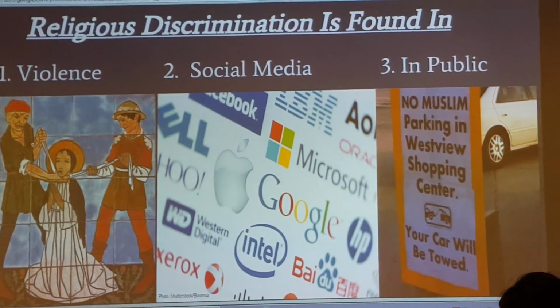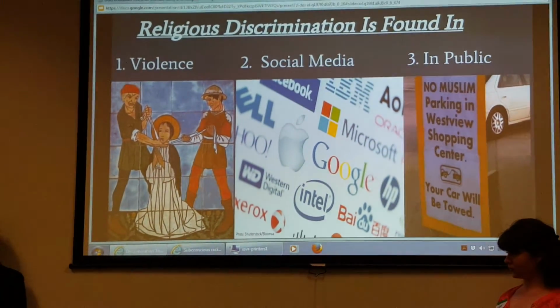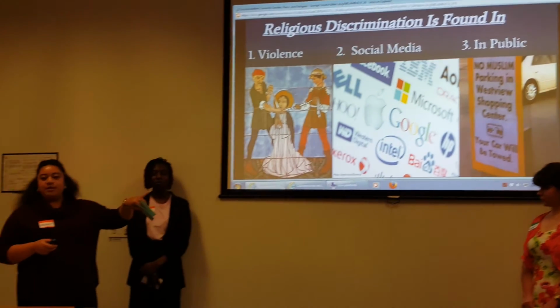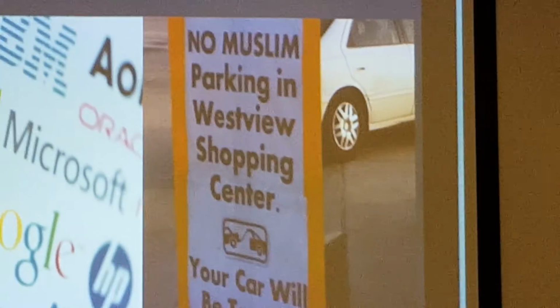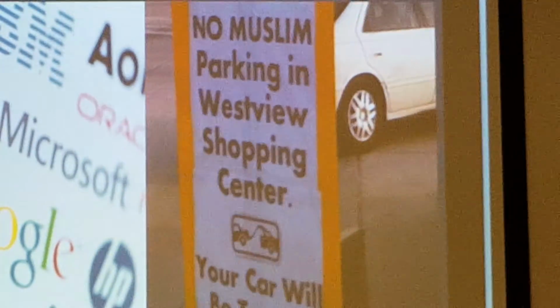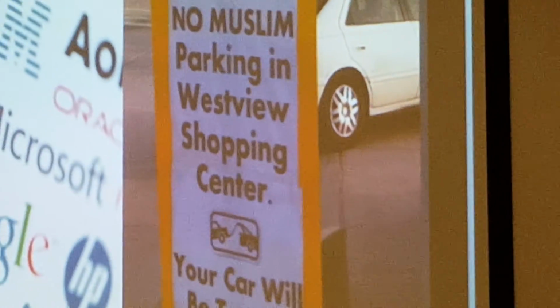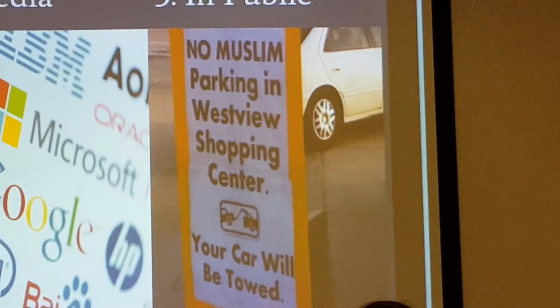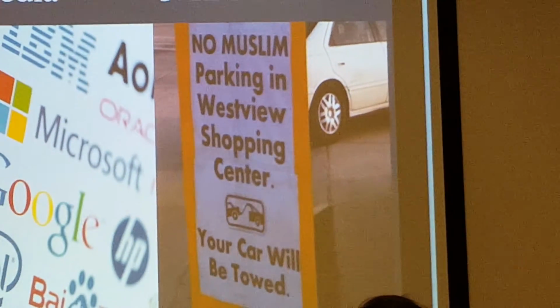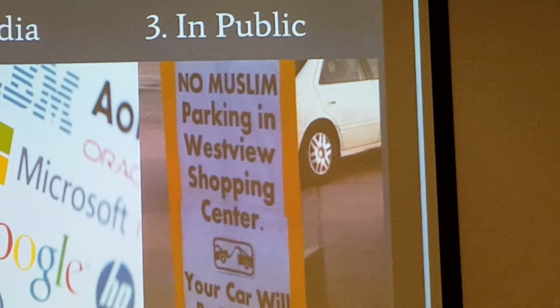Religious discrimination is being found in public. As you can see, this sign right here was in a shopping mall parking lot in Houston. The fact that this sign was aiming towards a specific religion, Muslims in general, you can see that they are treating them unequal, and that's considered religious discrimination.